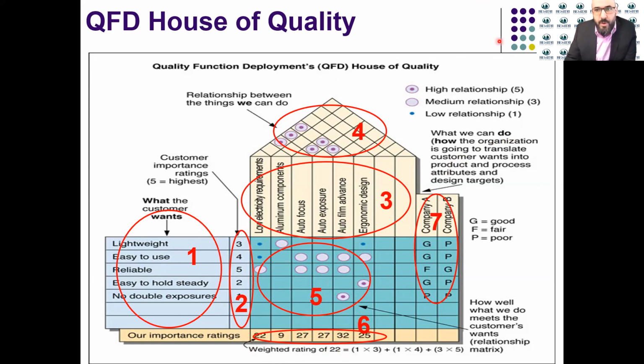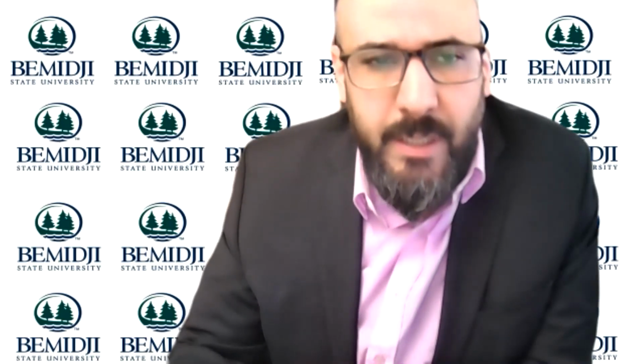Now we're going to take an example and see how we could implement the QFD for a microwave. I selected a microwave as my product, so I'm going to stop sharing this here, and I will be sharing another screen.